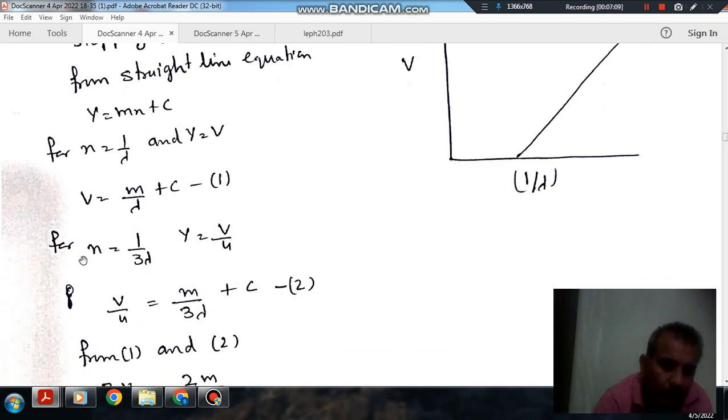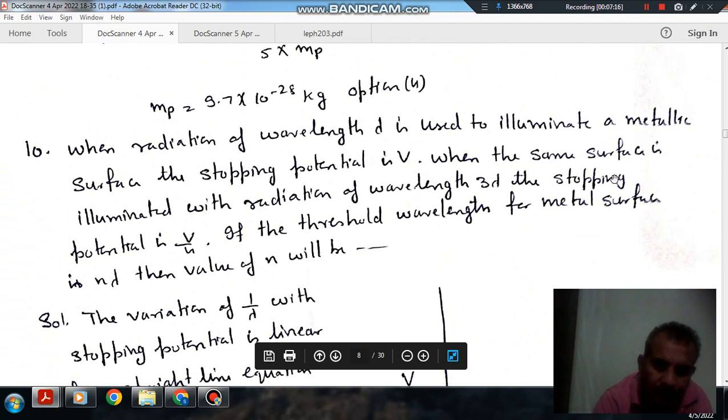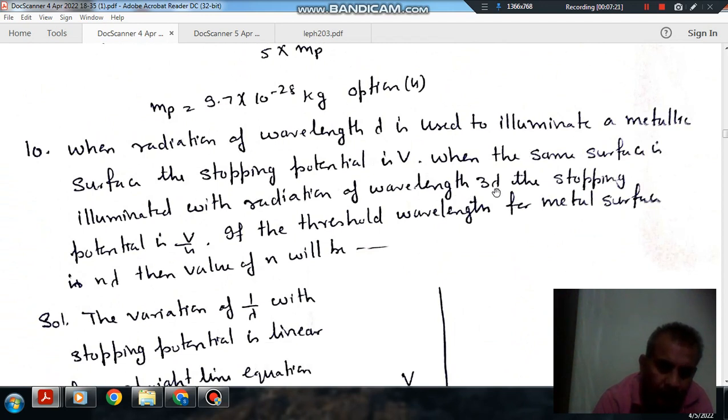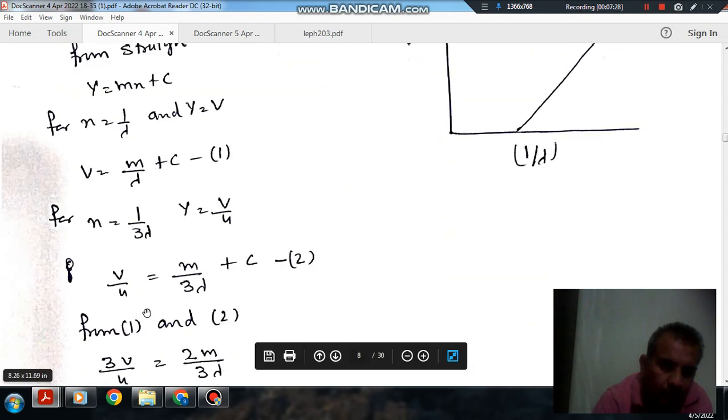And for x equal to 1 by 3 lambda, when the wavelength is 3 lambda and the stopping potential is V by 4, it is V by 4 is equal to m by 3 lambda plus c.